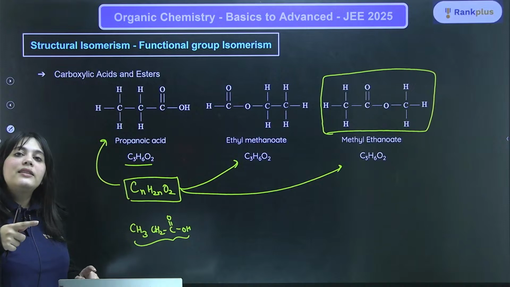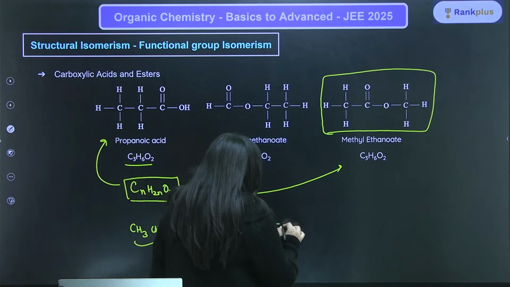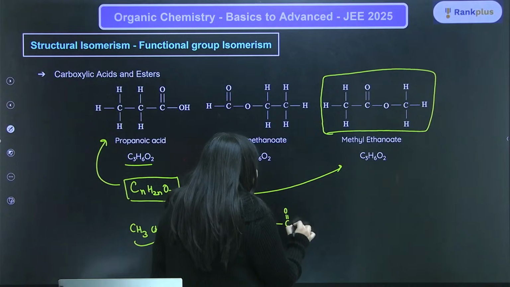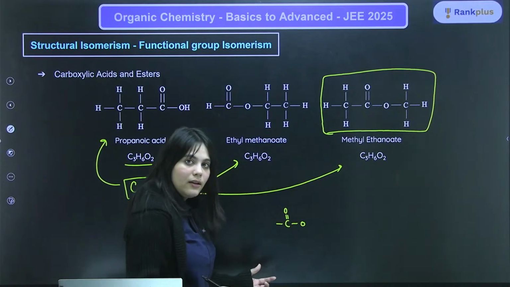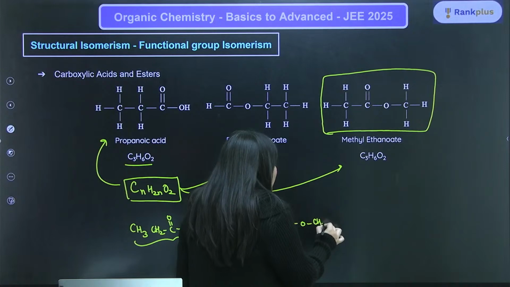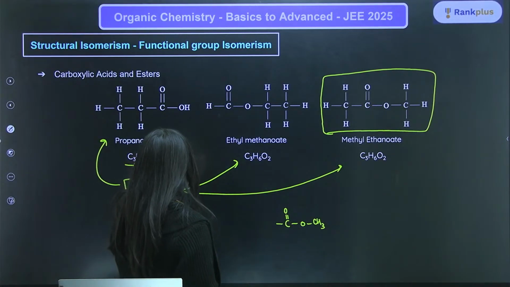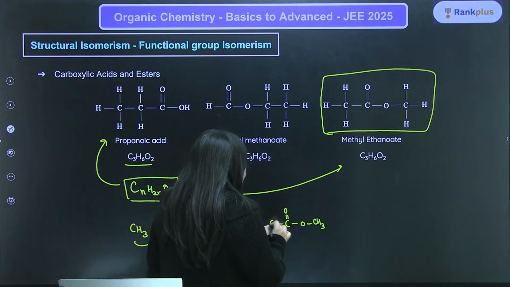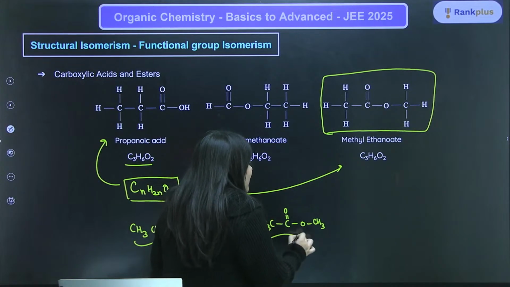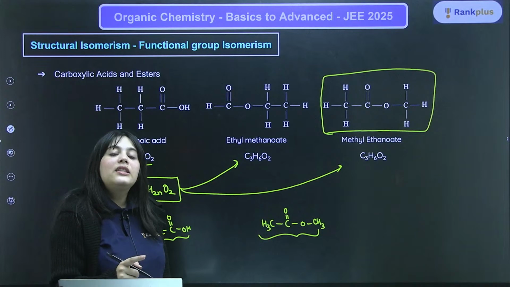Now let us write down what kind of esters I can form. For the ester, I will just write down the formula of ester. Isn't this the formula of ester? With this formula, I will write one CH3 over here. I've already consumed 2 carbons, so I'm left with just one more carbon. So I will write the other carbon over here. So this is one of the esters that I formed. Now to name this ester, what do you do?